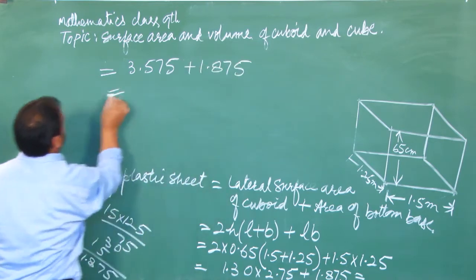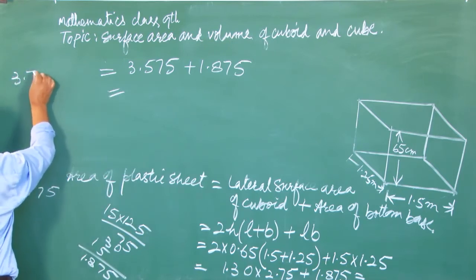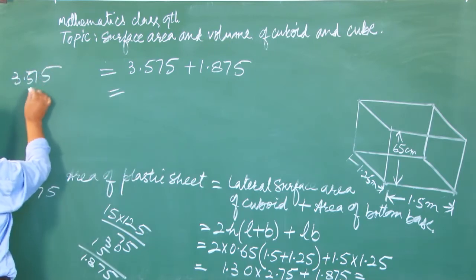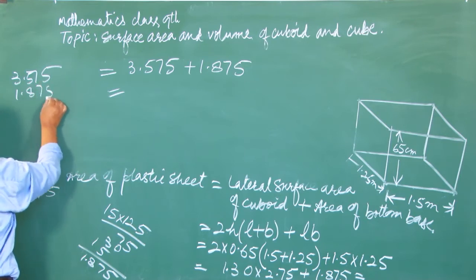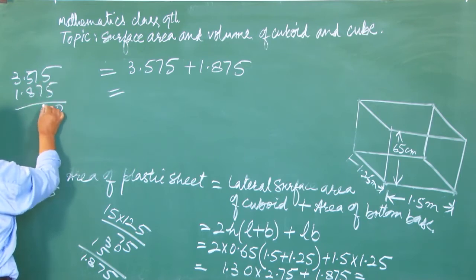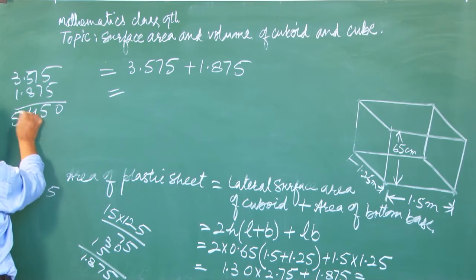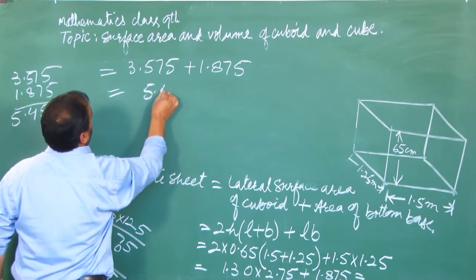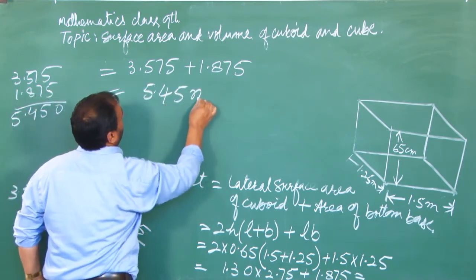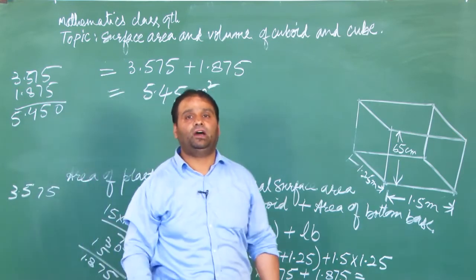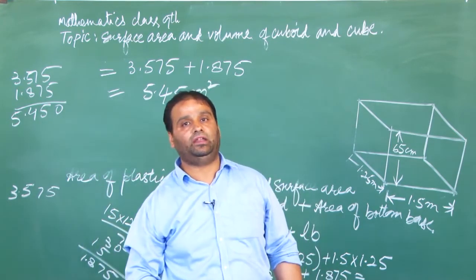And how much is this? We add them. It is 5.45 meters square. So, the area of the plastic box is 5.45 meters square.